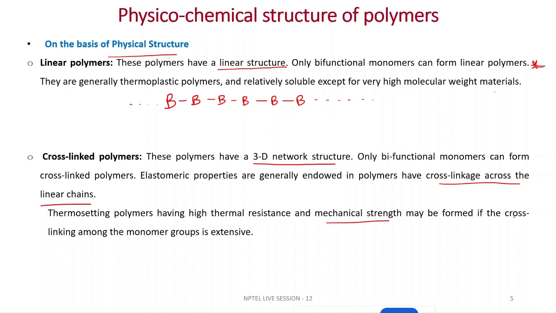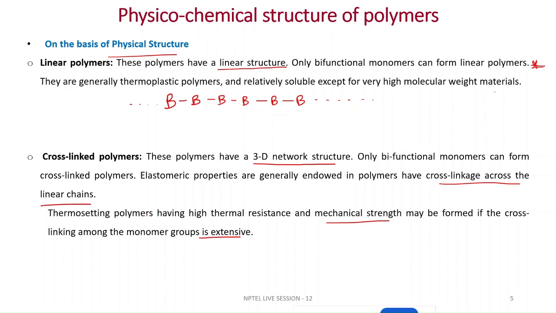And those may be formed if the cross-linking among the monomer group is very extensive. So if in the monomeric group the cross-linking is high, then there will be high mechanical strength. It is happening for the thermosetting polymer. Like they are bifunctional, as well as trifunctional groups are also present as far as I remember.